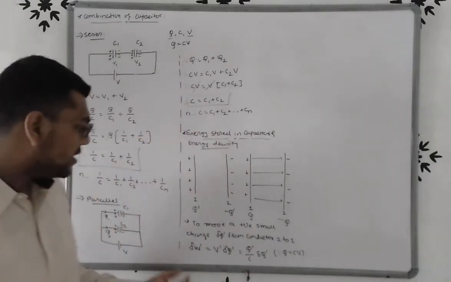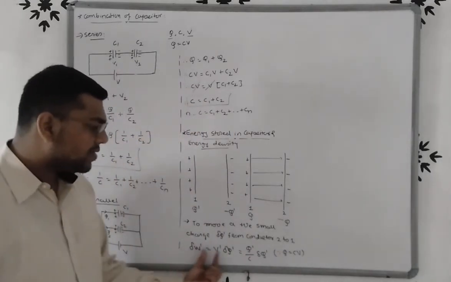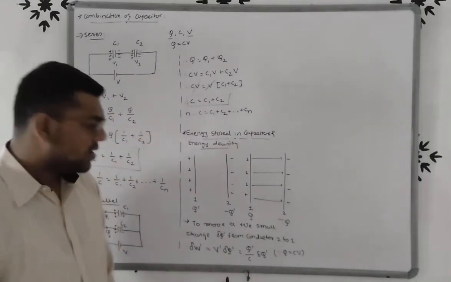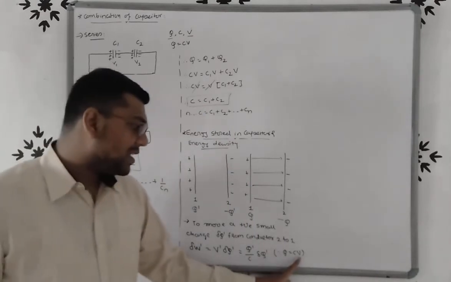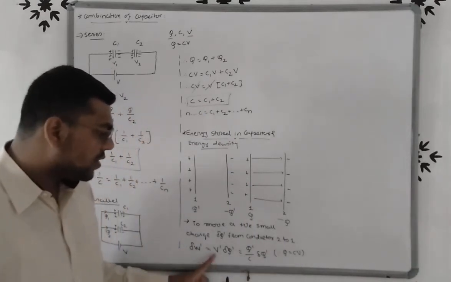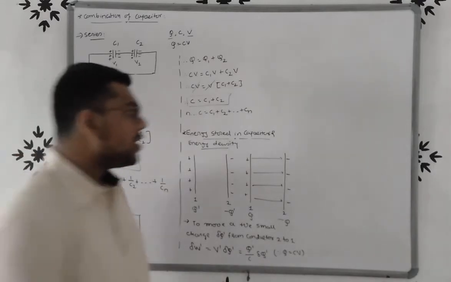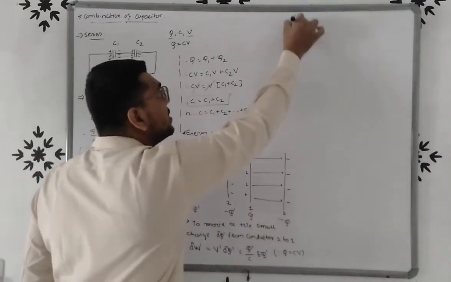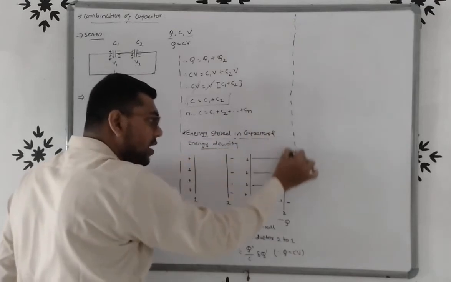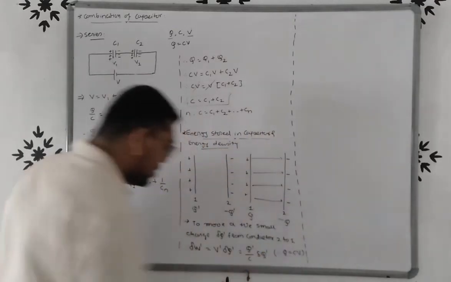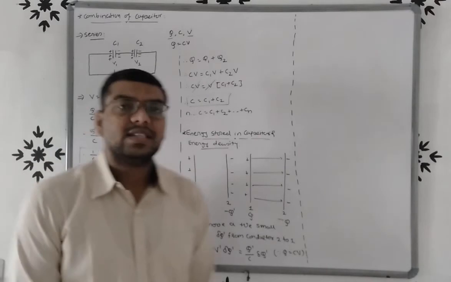Then how much work done? So del W dash is equal to V dash del Q dash. But we know that V is Q by C. So instead of V dash, Q dash by C into del Q dash. Now this is the work done to move a small charge del Q dash.